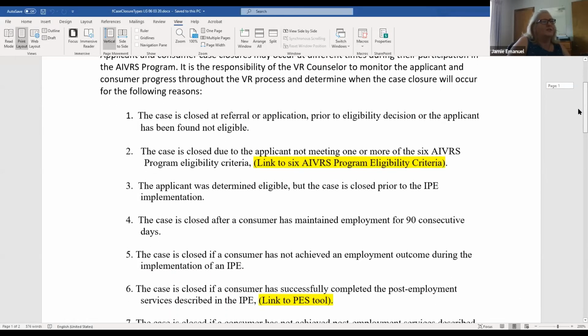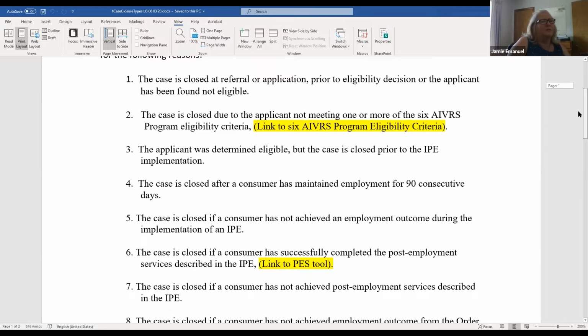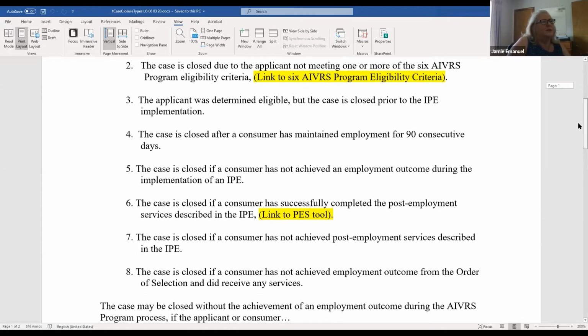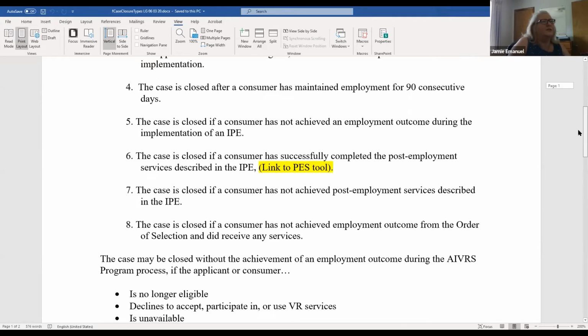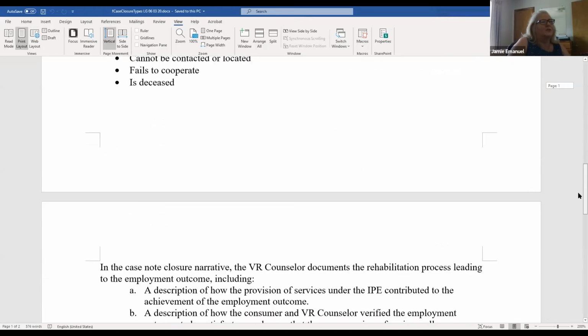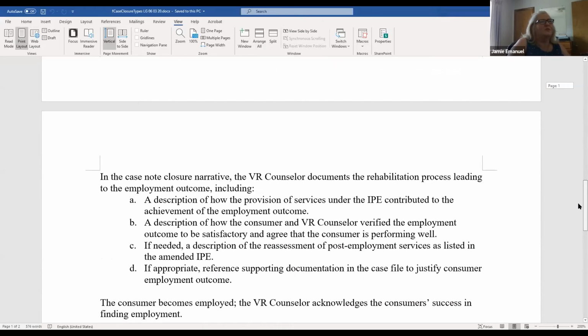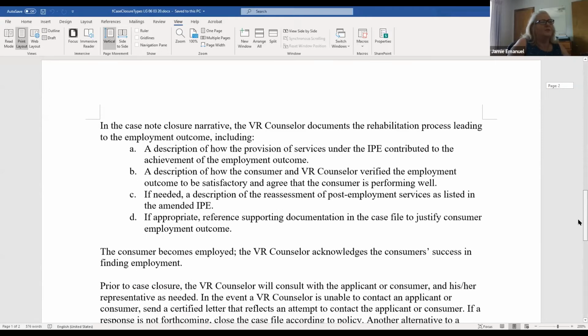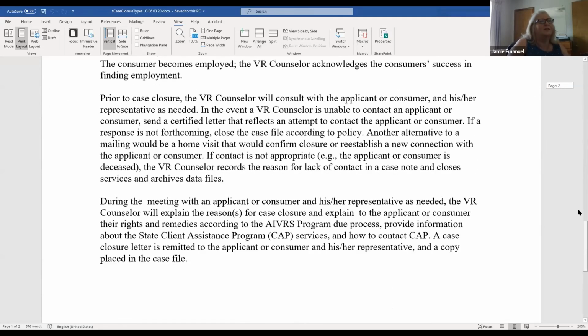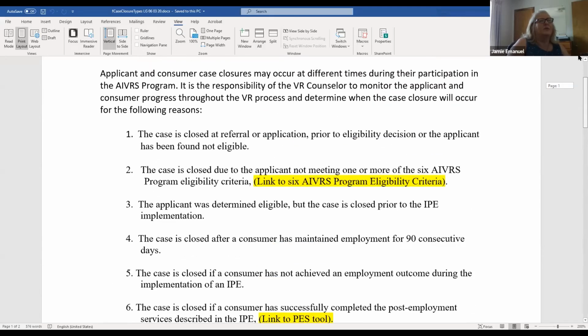So this is just an informational form or material for you to use if you get to certain places and you want to close out a case. These are different areas and different steps of closure, and it gives some descriptions of how you go about closing at particular points in the case. So I just wanted to share that real quickly also.